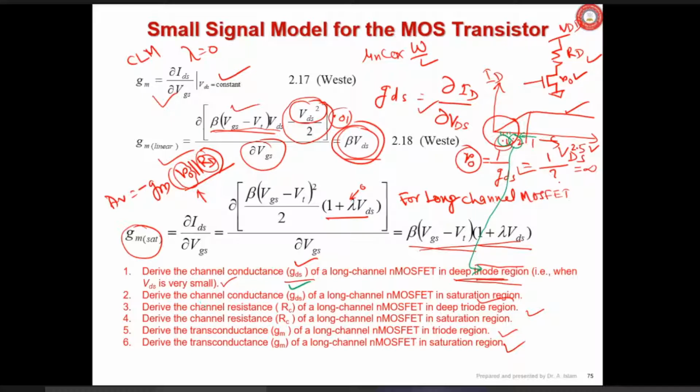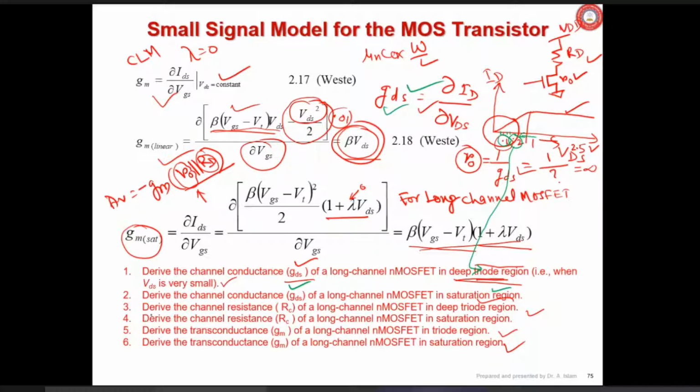The next question is to derive the channel conductance GDS of a long channel MOSFET in the saturation region. Already we are seeing here, in the saturation region, what is the value? For GDS, you have to find delta ID by delta VDS in the saturation region, using the saturation region equation.